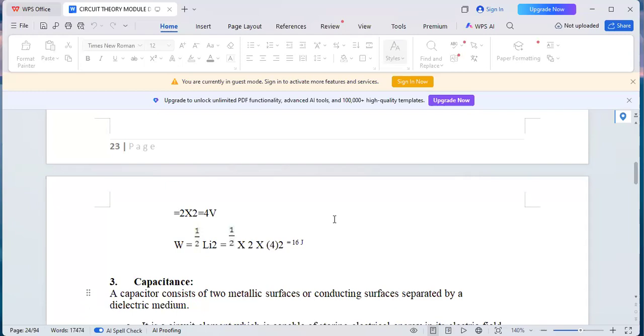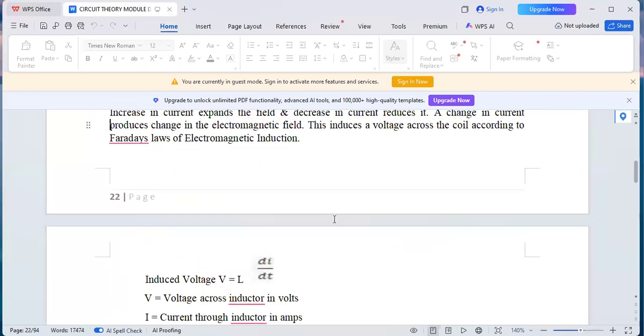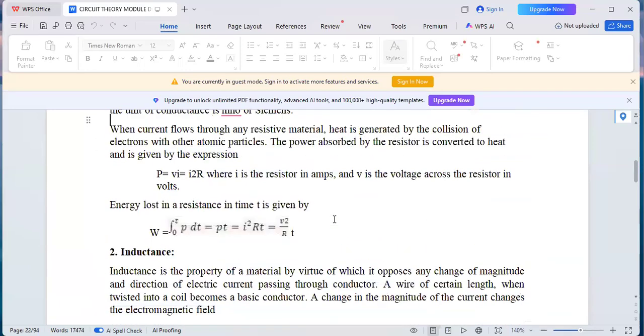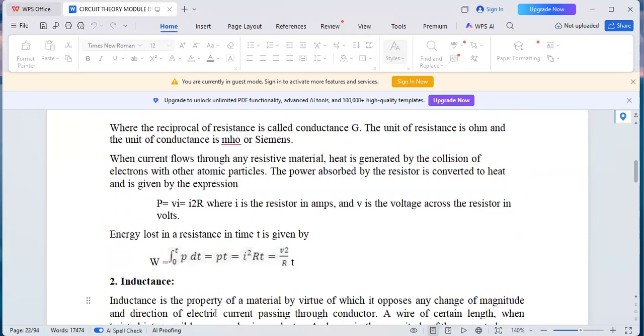Let's go back and take the W. That's the energy. You see, the energy W equals V squared over R dt, that is for resistance.